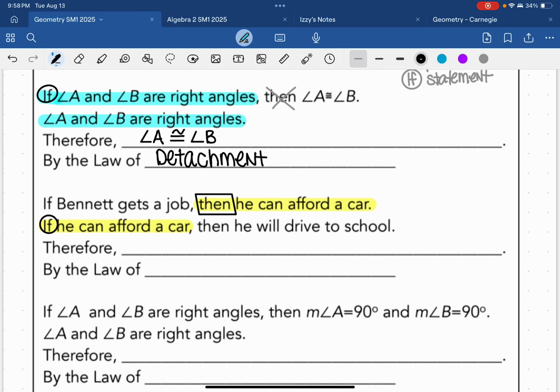So I'm going to write it one more time just to remind you. I'm looking for the repeats. What is repeating? I'm seeing "then" first with the box, and then I'm seeing "if" with the circle. I'm seeing both of those repeating. This is going to indicate the law of syllogism.